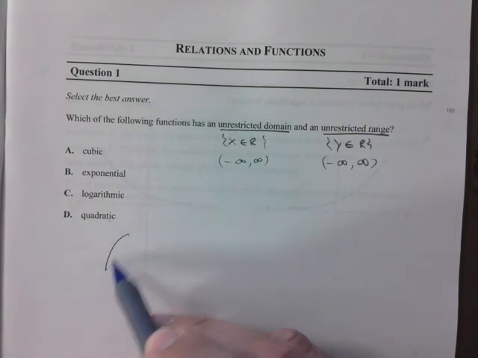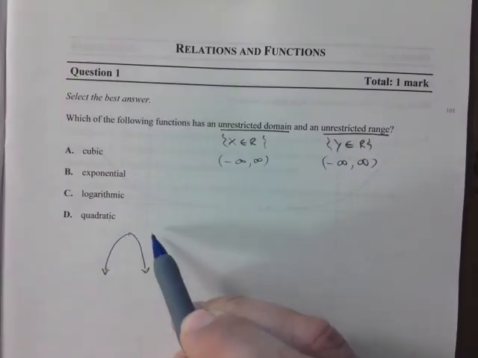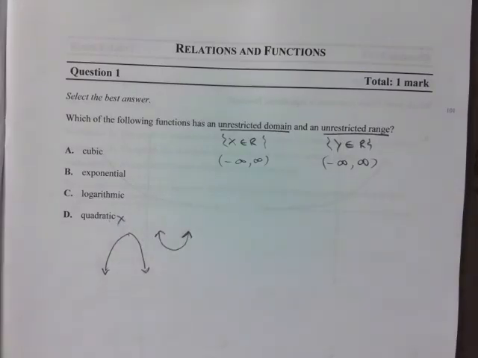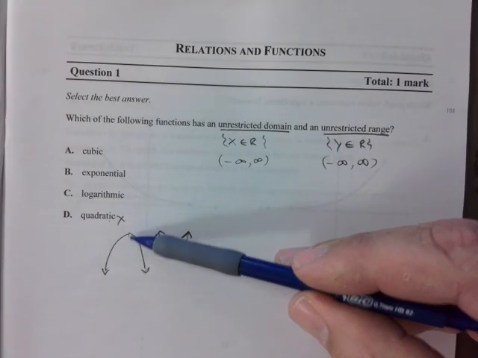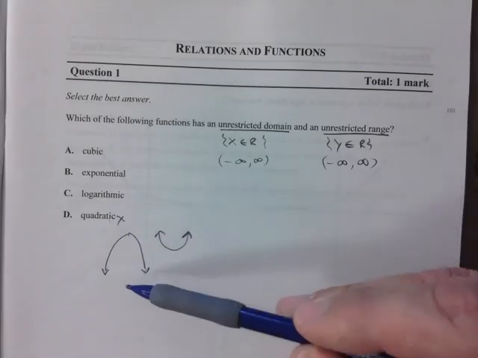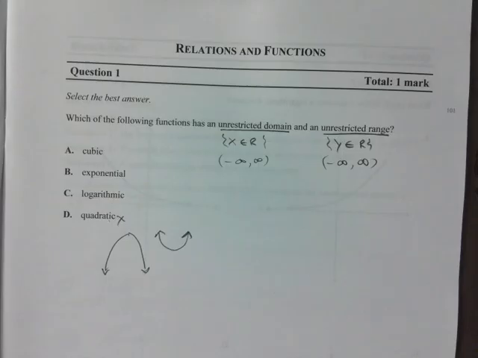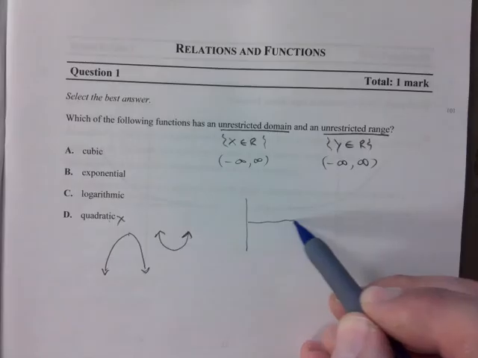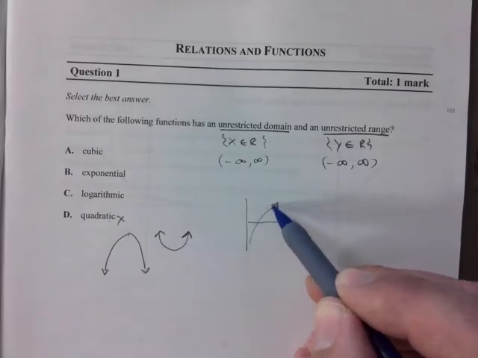Quadratic, it can go like this or it can go like this. So quadratic is not it. At some point, y is only good this way or that way. Logarithmic, if you do a log, is it unrestricted when it comes to the domain?